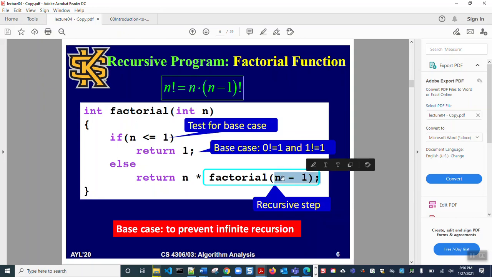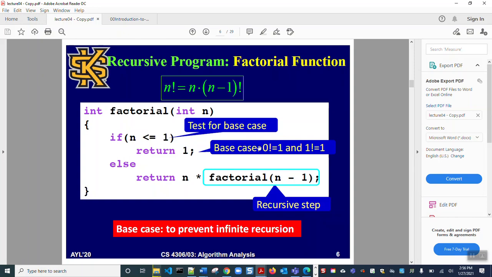Whenever n equals 2, the argument will be 2 minus 1 equal to 1, so factorial of 1 returns 1. Even if it reaches 1, then 1 minus 1 equals 0, which falls into this criteria: 0 is less than 1, so it will return 1. You can use the equal sign or the less-or-equal sign here, no problem.